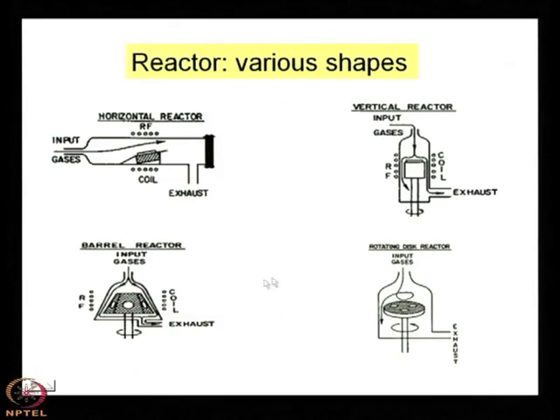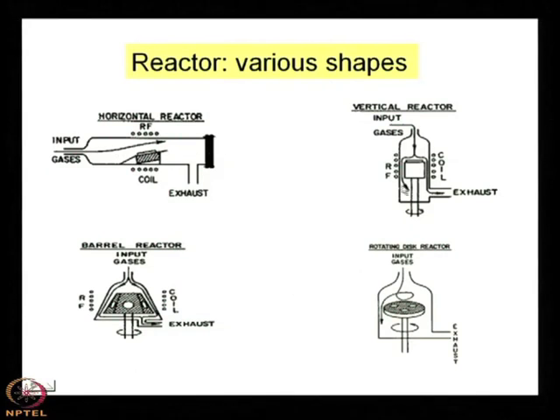So, I shall show you one special type of CVD reactor, which is the MOCVD reactor. This is a typical MOCVD reactor and we shall discuss it. Before that, let us see how many different shapes of reactor there can be. It can be a horizontal reactor, that means the gas flow is parallel to the surface of the substrate.